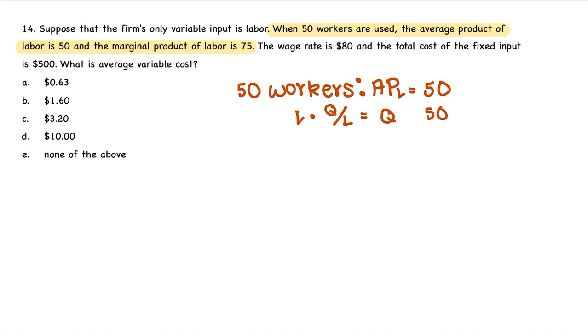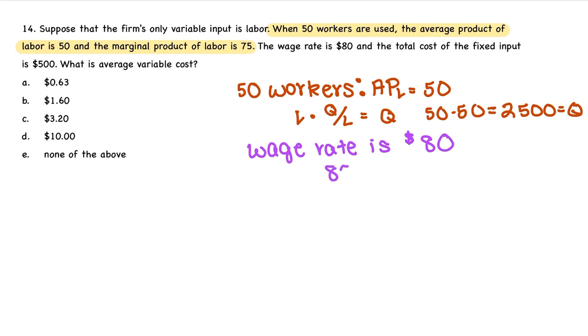So 50 times 50 gives us 2,500 as our Q. We know our wage rate is 80. So 80 times 50 gives us 4,000, or $4,000 as our total variable cost, sorry.